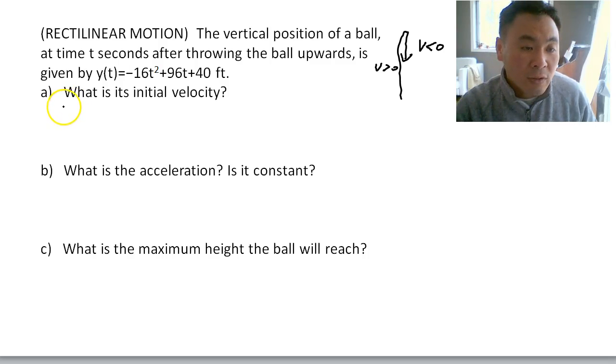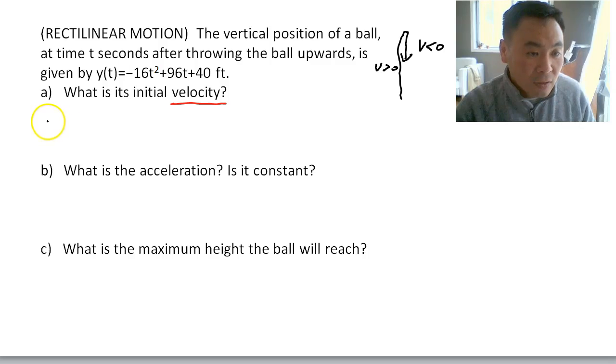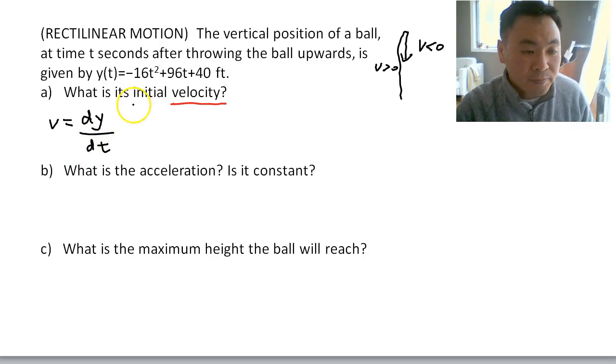Okay, first question, what is its initial velocity? What is a velocity? Velocity is the rate of change of the position. So we know that v equals dy/dt. It's the rate of change of y with respect to time t. This is just the Leibniz notation for the derivative, so we just have to differentiate the right side.